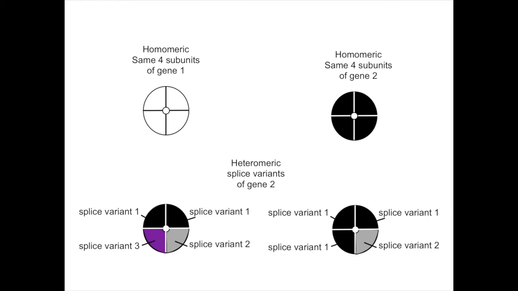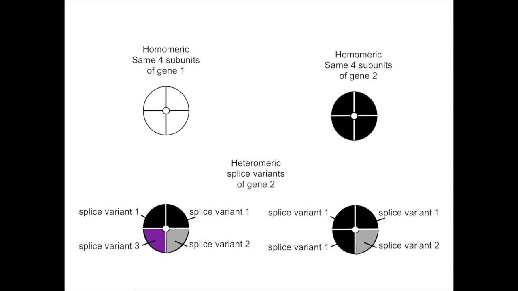But a potassium channel can also be formed by combining 2 or more different types of alpha subunits, subunits created by alternative splicing of the RNA produced by one gene. Channels composed of different subunit types are called heteromeric channels. 2 heteromeric channels are shown in the lower part of the slide.